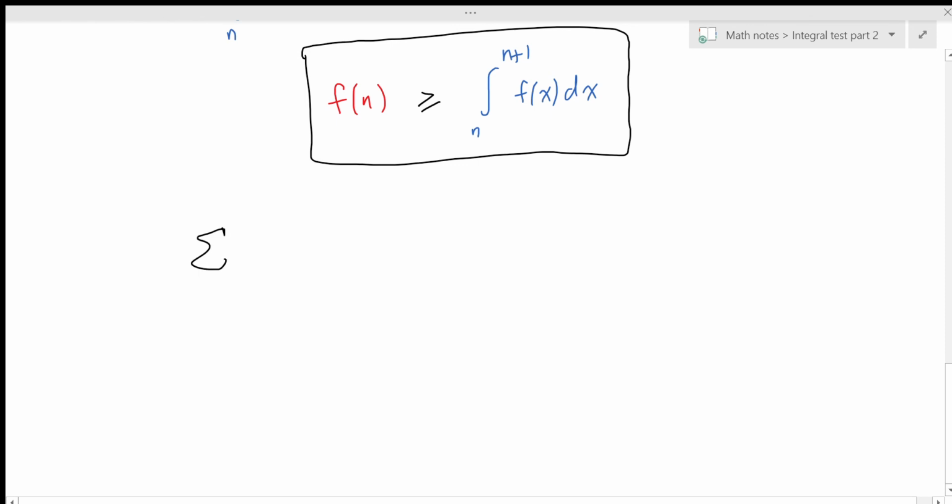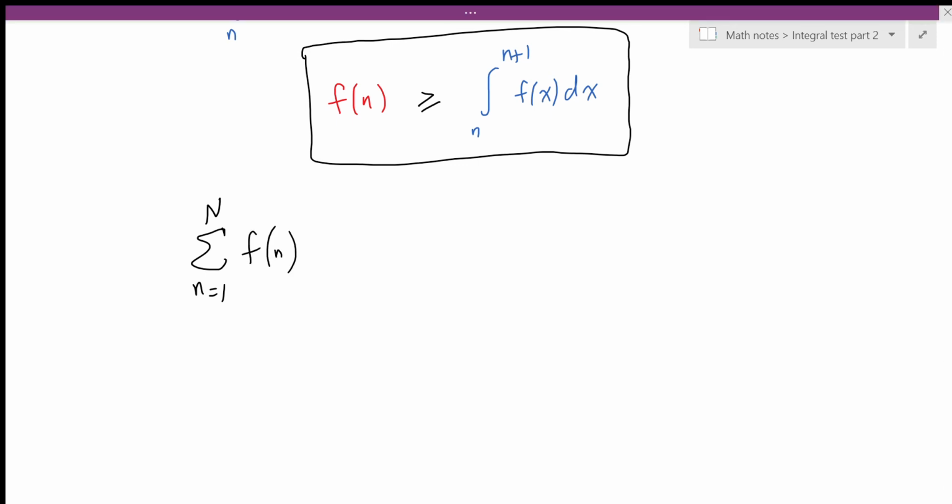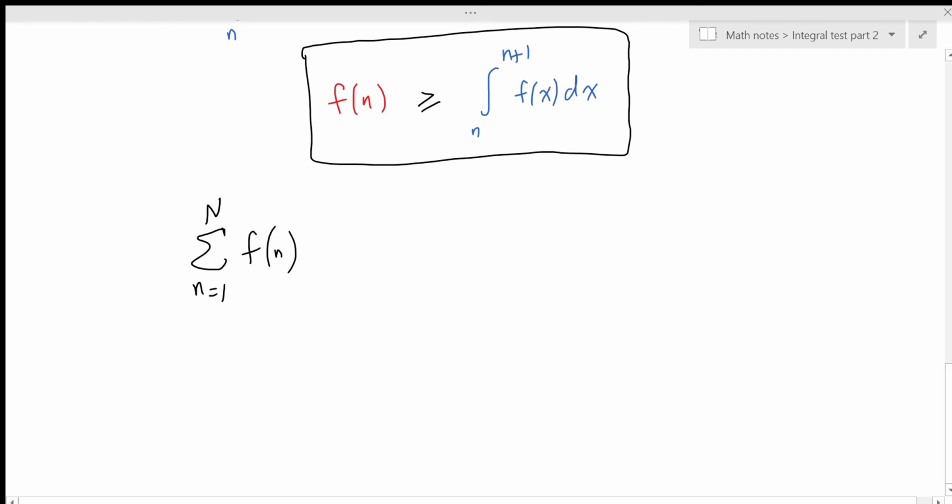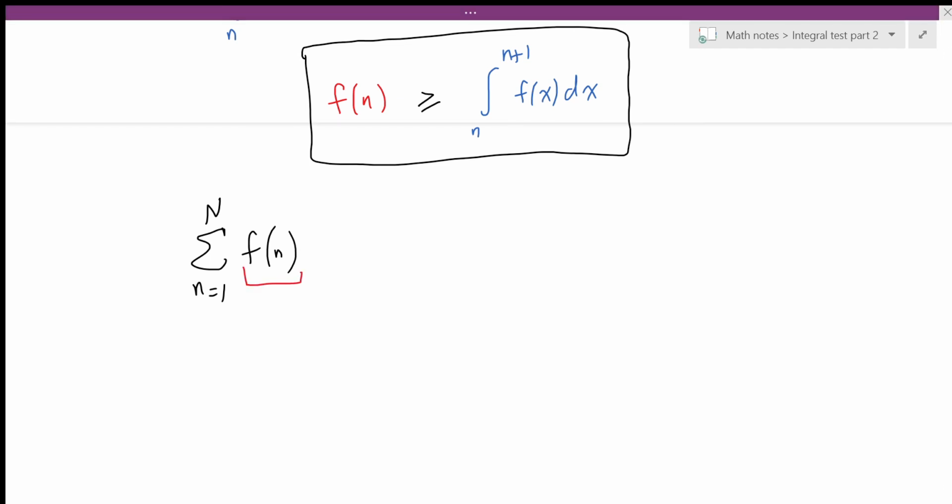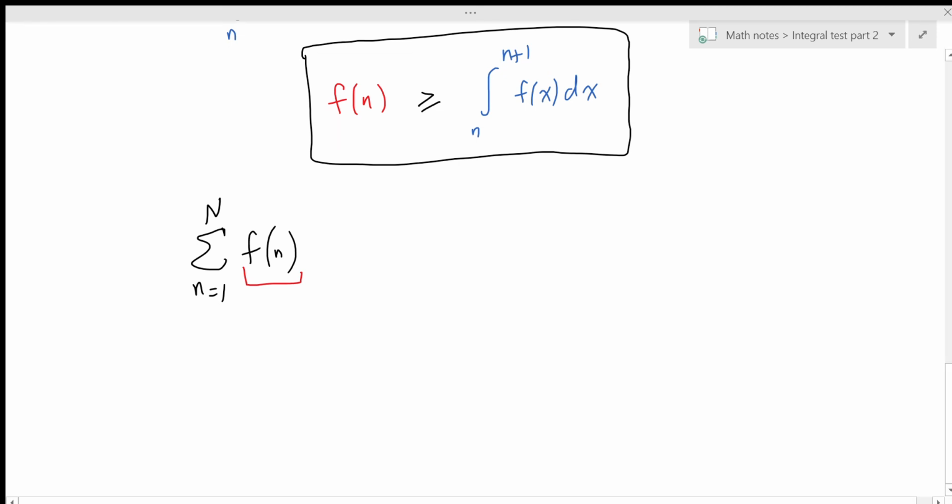So to do it, let's write out the partial sum again. And now what we'll do is just use this inequality on f of n here. So we have that this sum is greater than or equal to the sum from 1 to capital N of the integral from n to n plus 1 of f of x.